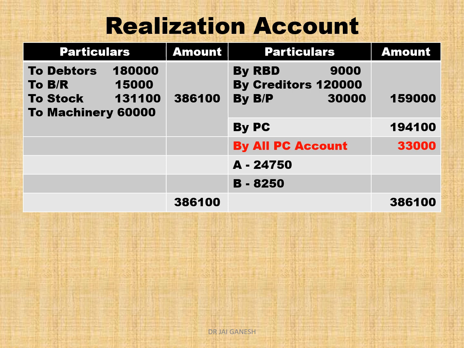So realization account, first step, transfer all assets from the balance sheet to debit side of realization account. So debtor is transferred, BR is transferred, stock is transferred, machinery is transferred. Total asset transfer 3,86,100.